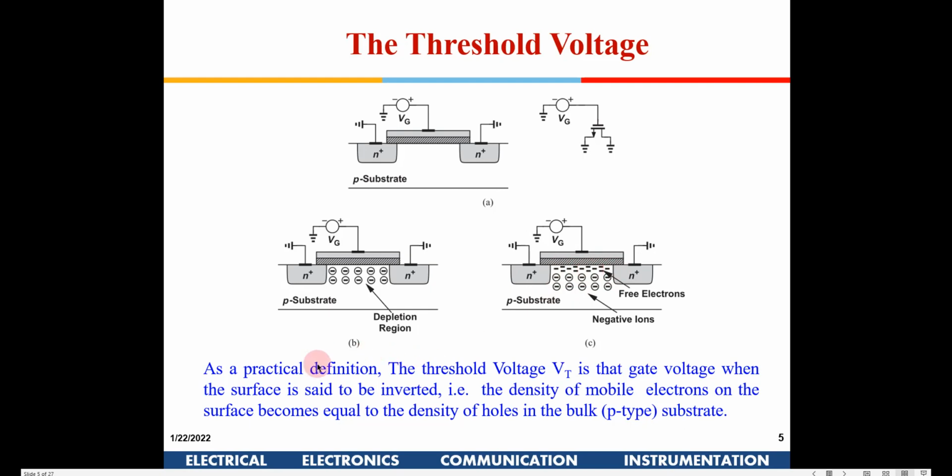Now the practical definition of VT is that particular voltage when the surface is said to be inverted, that is, the density of the mobile electrons in the surface becomes equal to the density of the holes.